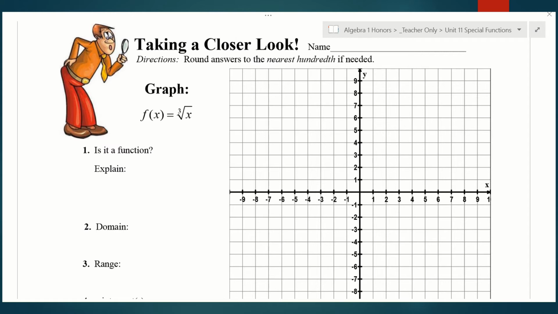With this one, there aren't a whole lot of points that we can graph here. Remember what we're doing is we're taking the cube root of a number and we're graphing what it is. So the cube root is what times itself 3 times gives you that number. If I'm asking you for the cube root of 0, the answer would be 0 because 0 times itself 3 times is 0.